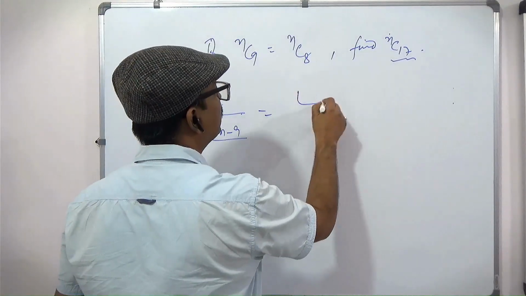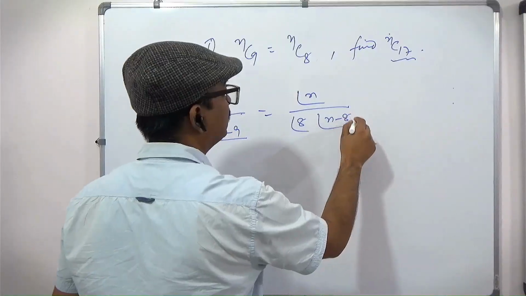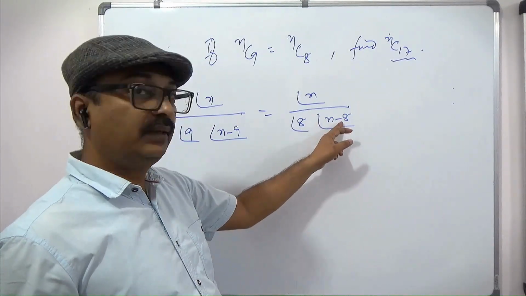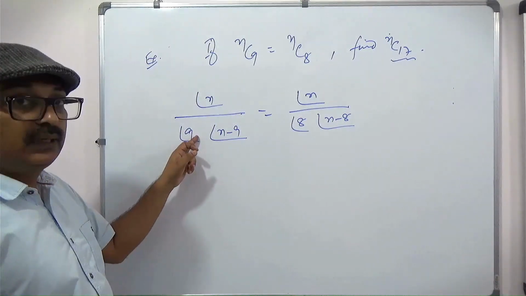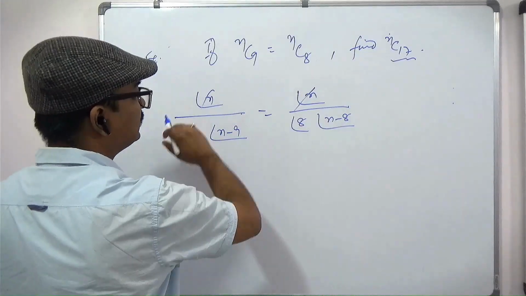And this is factorial n over factorial 8, factorial n minus 8. So if we take n minus 8 out of here, then we'll have n minus 9. And if we take 9 out of here, we'll have factorial 8. So this cancels.